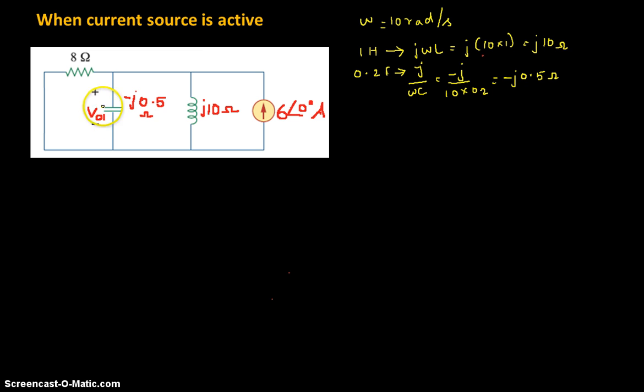Now the voltage we are going to find using the current source is V01. See here, with the current source, all these elements are connected in parallel, so we can apply the current division rule to find the current in this branch. Current will be taken as IC. To apply the current division rule, let us reduce this resistor and the inductor.